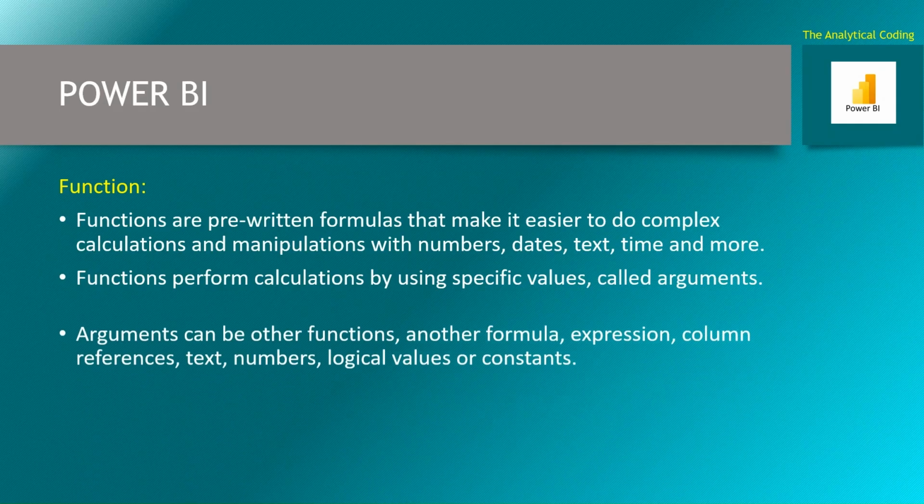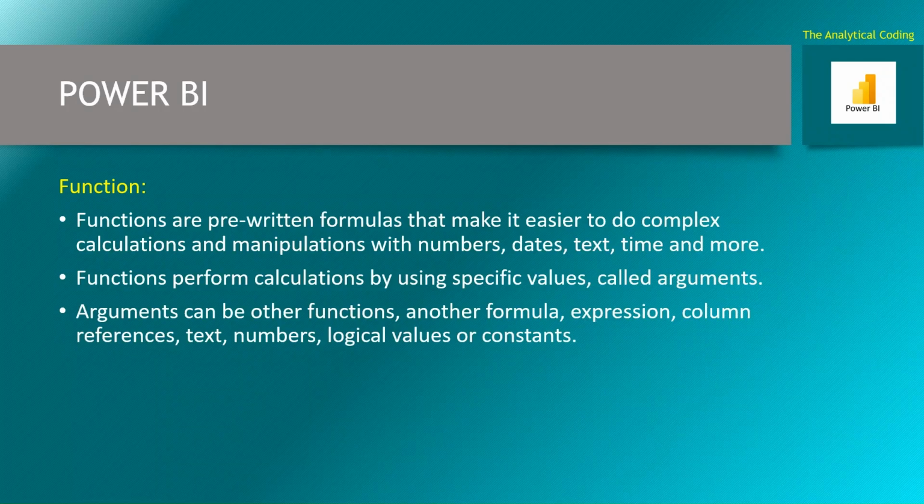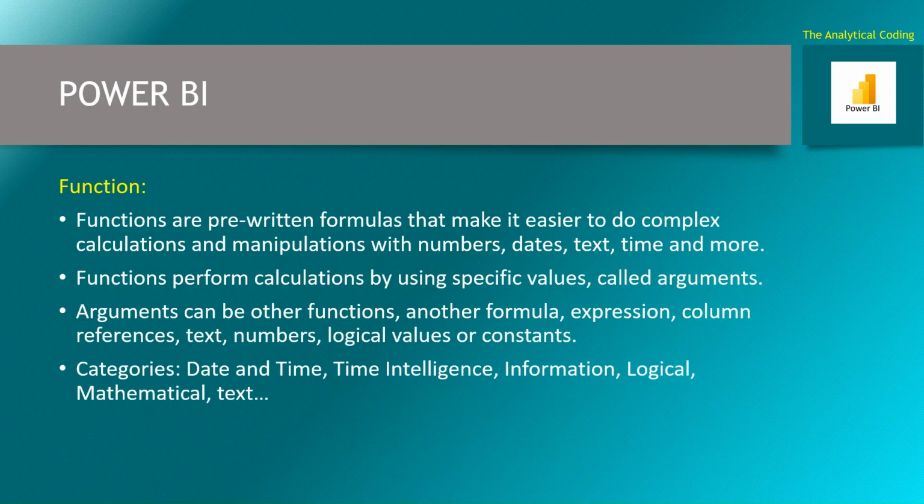Arguments can be other functions, formulas, expressions, column references, numbers, text, or constants. DAX includes the following categories of functions: date and time intelligence, information, logical, mathematical, text, and other functions. We will cover these functions category-wise in our future videos.